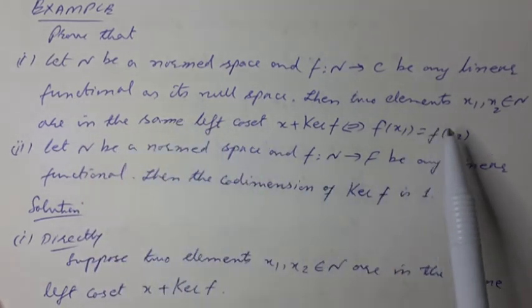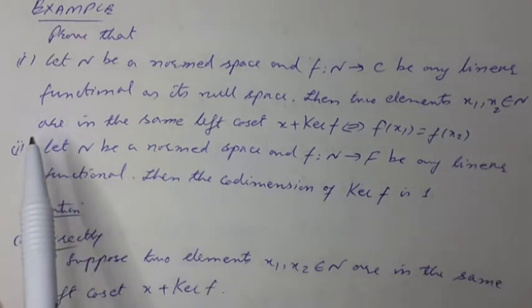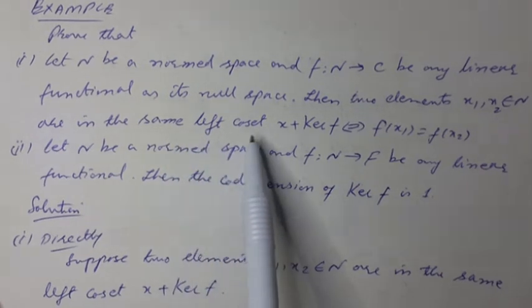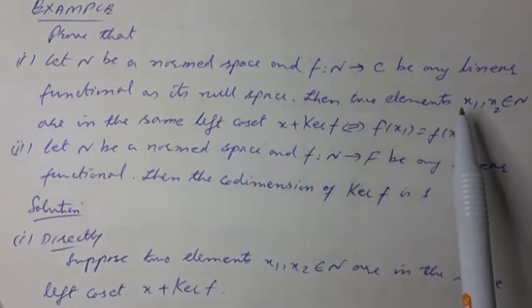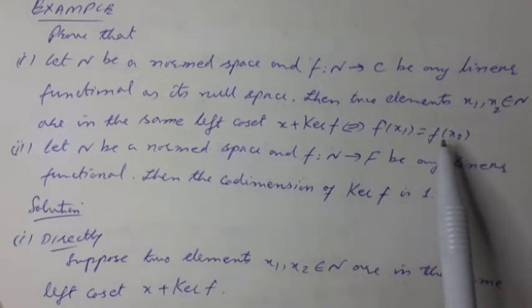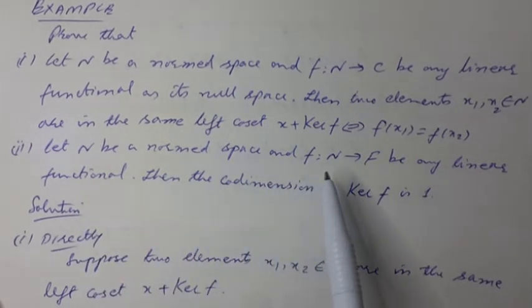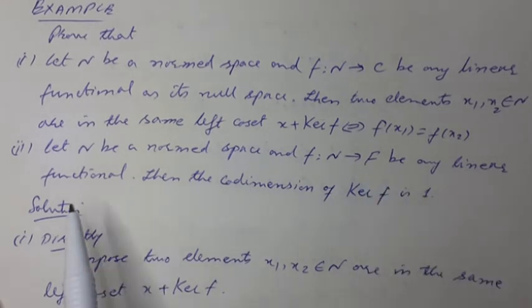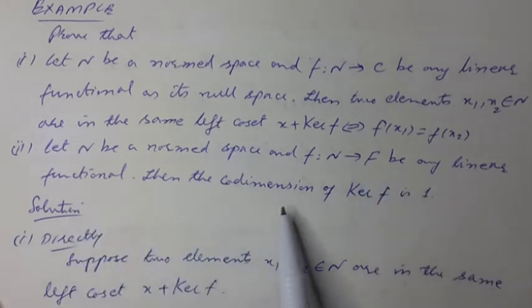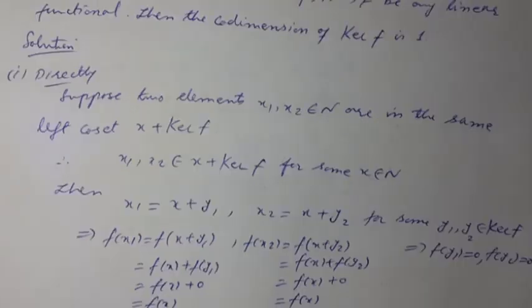Then two elements x1, x2 of normed space N are in the same left coset x plus kernel f if and only if f of x1 is equal to f of x2. Second part: let N be a normed space and f from normed space N to field F be any linear functional. Then the codimension of kernel f is 1.